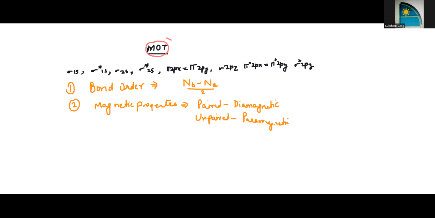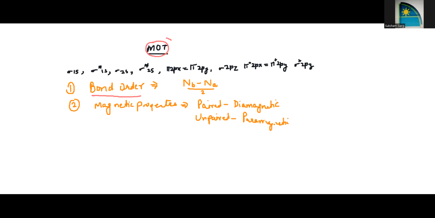So let's see what the uses of knowing molecular orbital theory are. The first use is that it will tell you about the bond order of the given molecule. For example, if you are forming an N2 molecule, you have to calculate and figure out whether there is a single bond between nitrogen and nitrogen, or a double bond, or a triple bond.